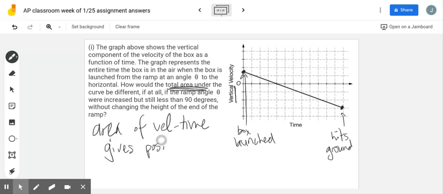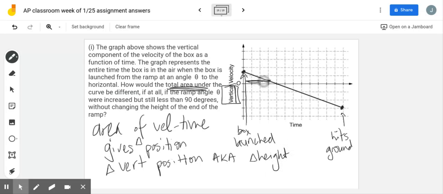Okay, here's the key, my friends. This is the vertical velocity. So this is going to give us vertical position, aka height. It gives us the change in vertical position, aka change in height.